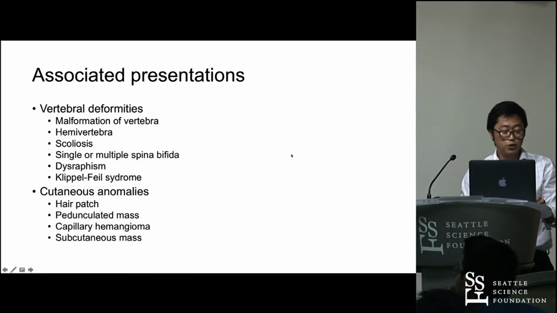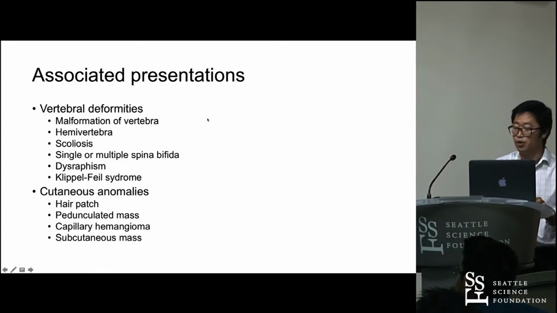Researchers have found two different patterns. One is the vertebral deformity, and the other one is the cutaneous anomalies. Some of the vertebral anomalies associated with the spinal neurenteric cyst comprise dysraphism, malformation of the vertebra, hemivertebra, etc. Recently, they have also found some cutaneous malformations associated with it, but not always.